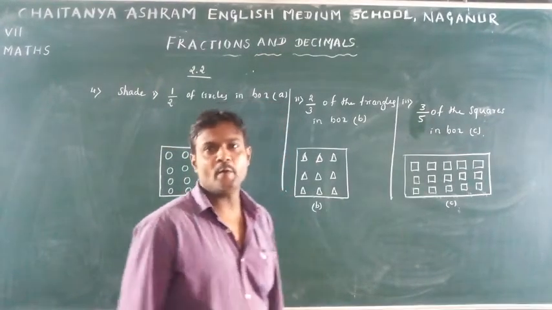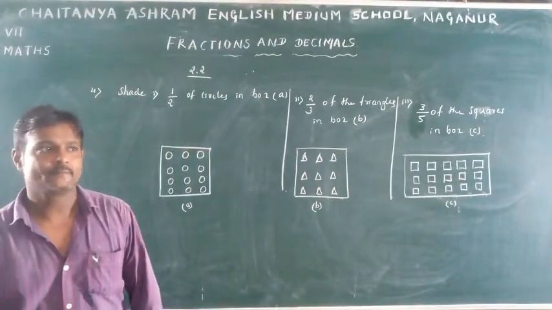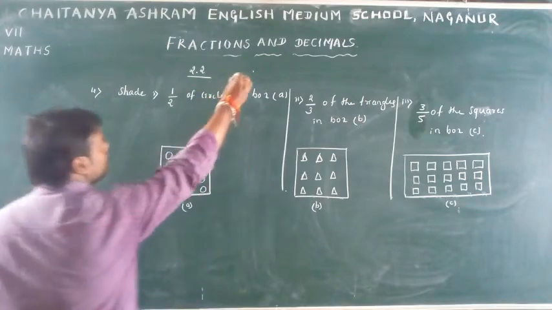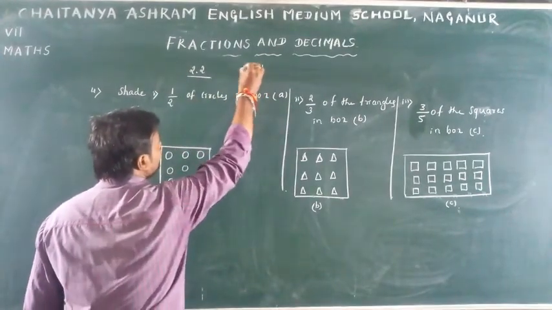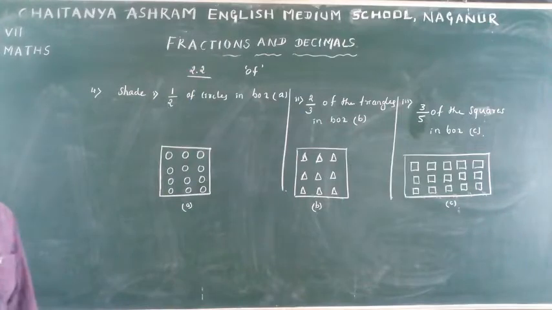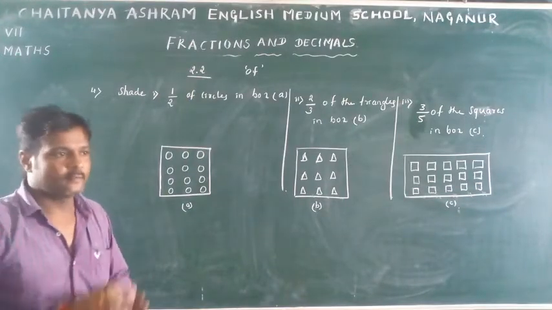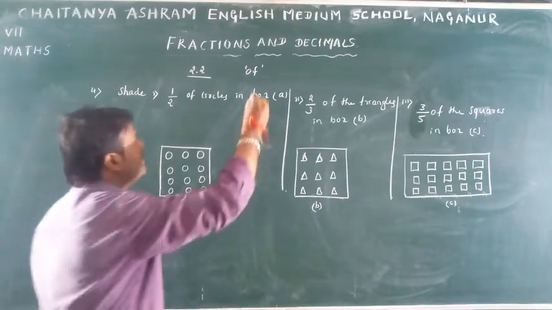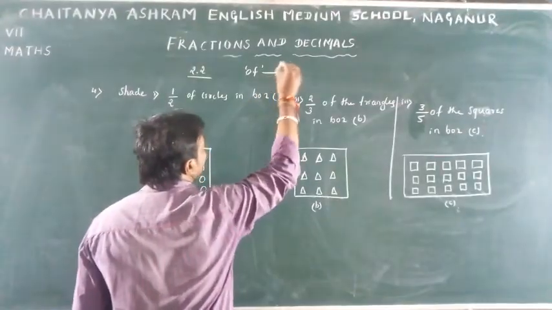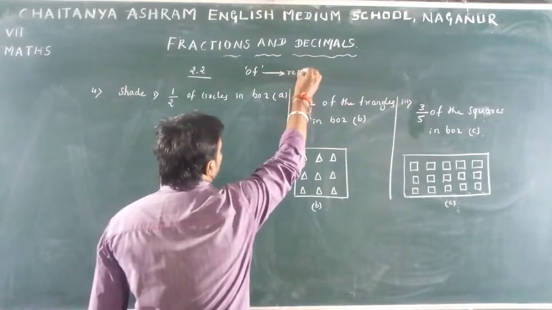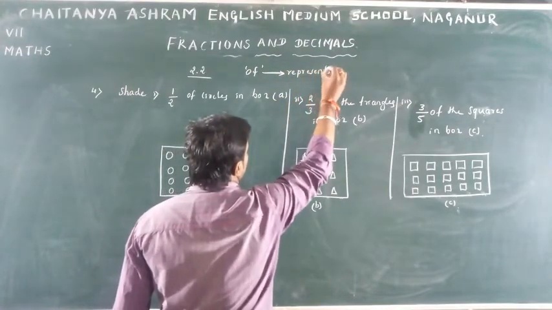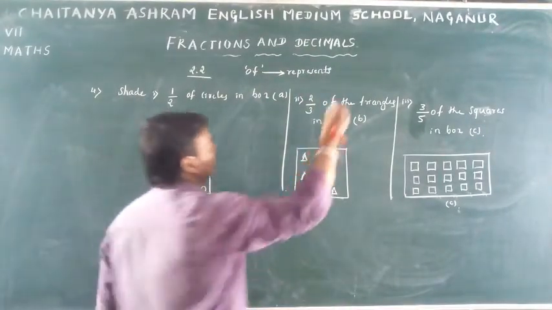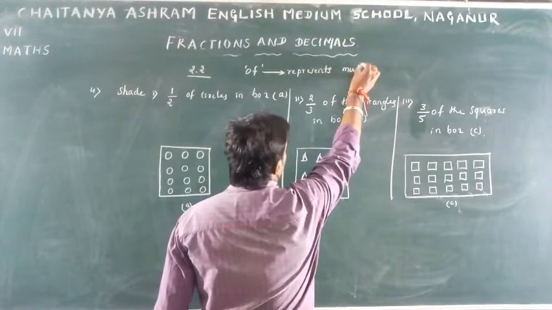In the previous video we learned the role of "of" in mathematics. Through some examples we verified what "of" represents, which mathematical operation it represents: multiplication.